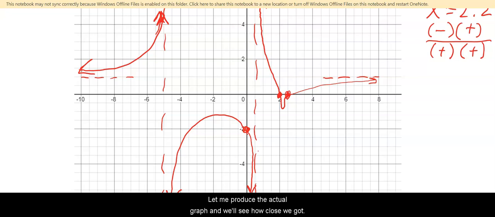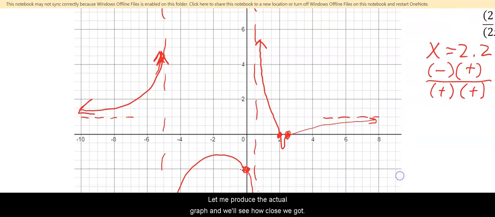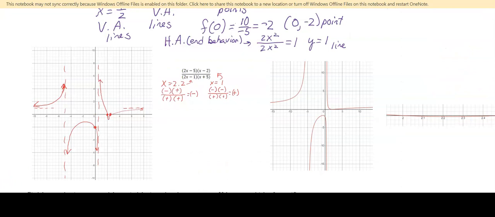Let me produce the actual graph and we'll see how close we got on Desmos. Now you can see the picture of our drawn graph on the left and the picture that Desmos produced here on the right. You'll notice that these are in fact quite close together.